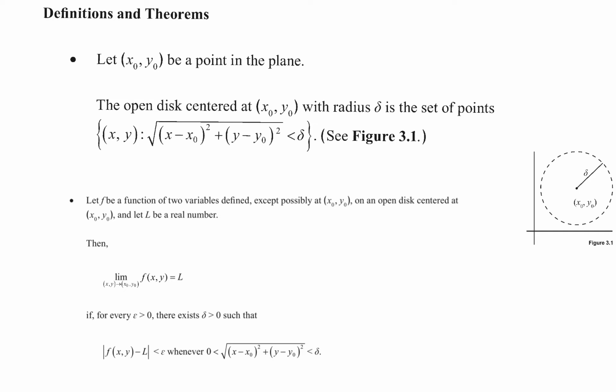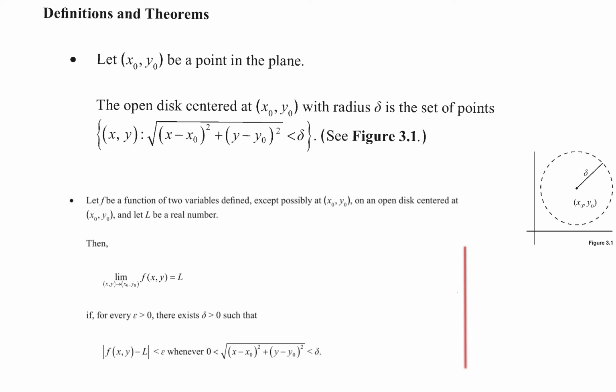If we say that when you are approaching the point x0, y0, f is approaching a number L, what will this mean? It will mean the following thing. Imagine this is the theta axis. This is where the function f of xy takes value.